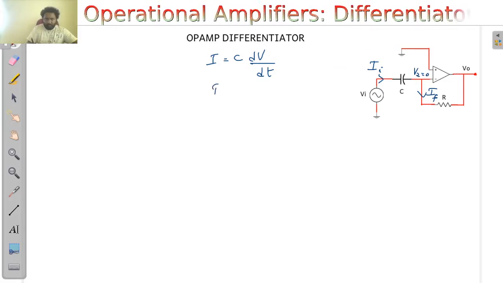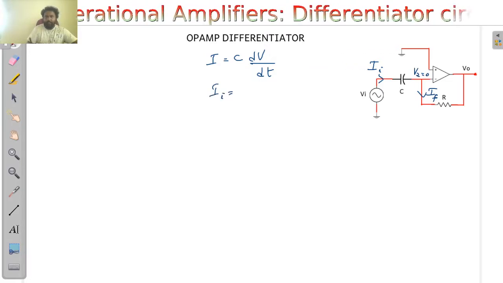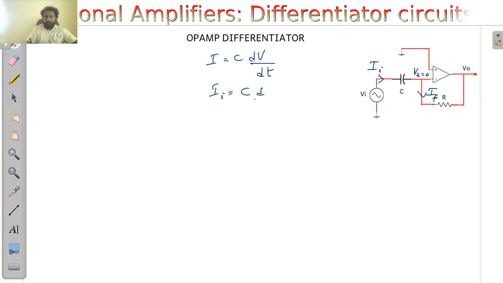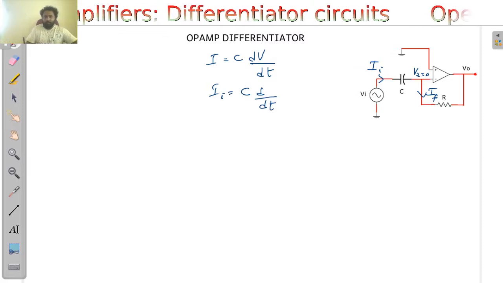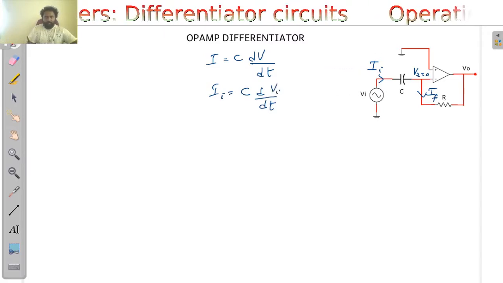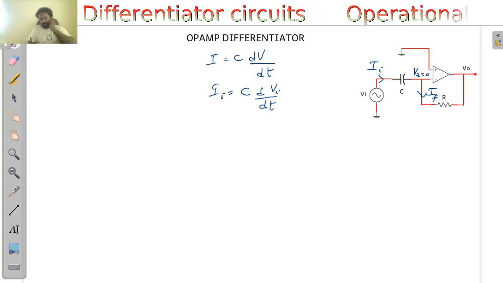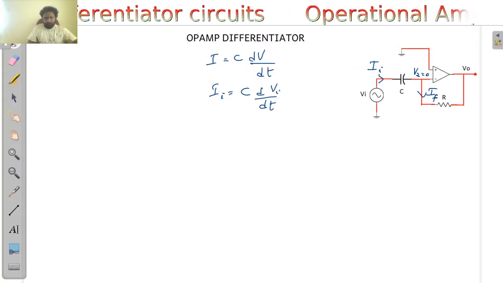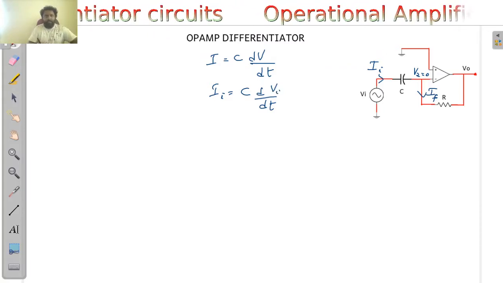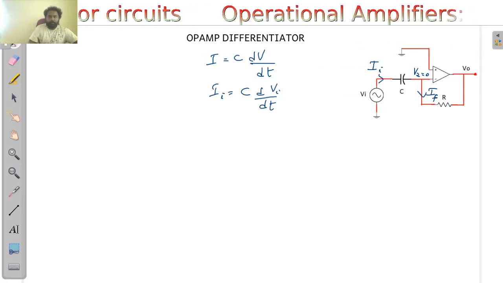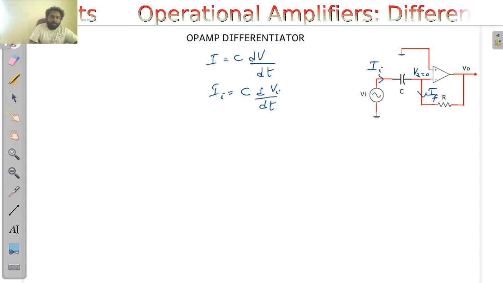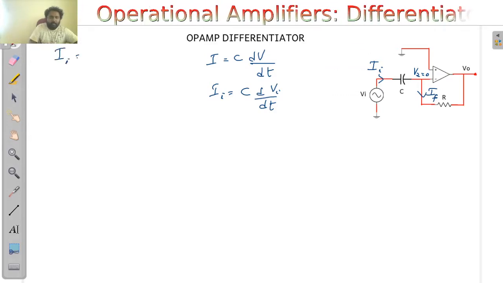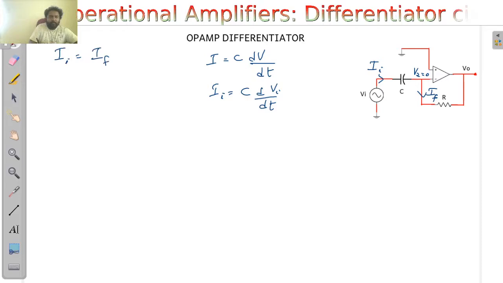And our I_I in this case is defined like C d/dt of (Vi minus V2). V2 is 0. Now let's come to the virtual ground condition, where you can sum up the currents and write I_I is equal to I_F.